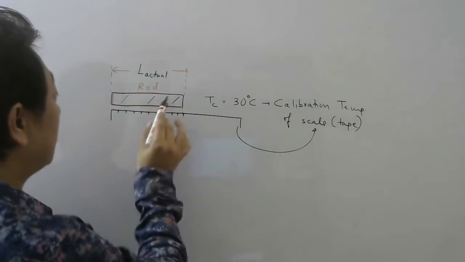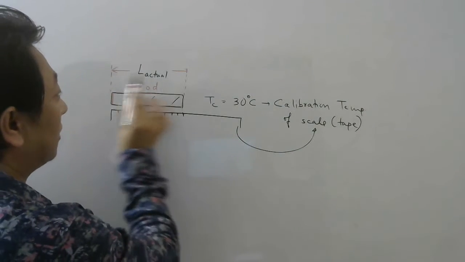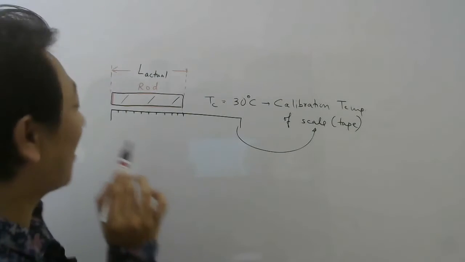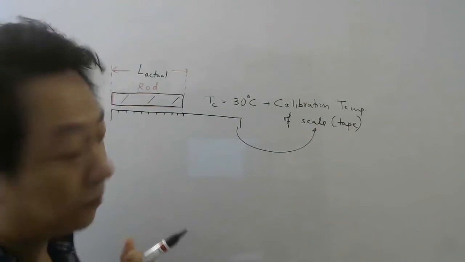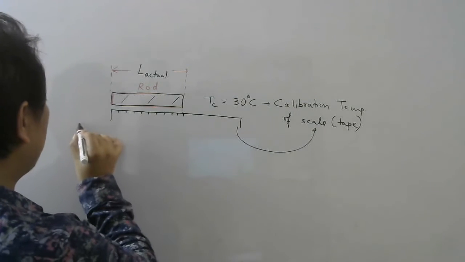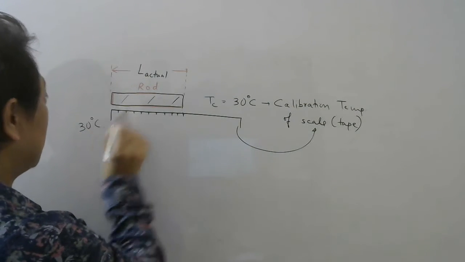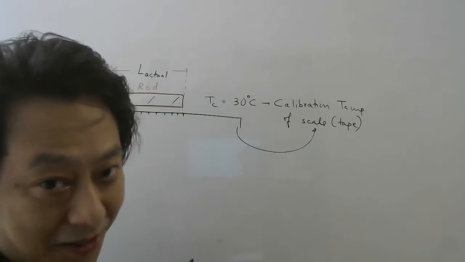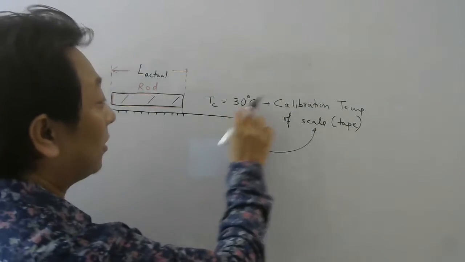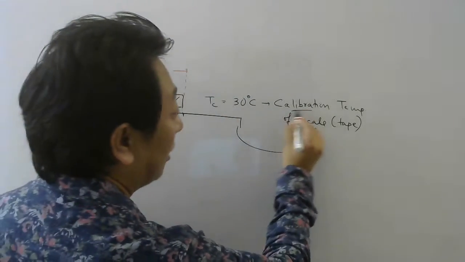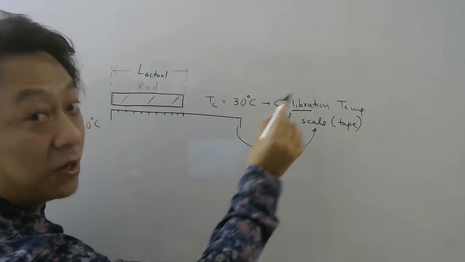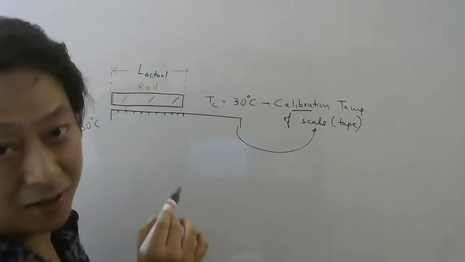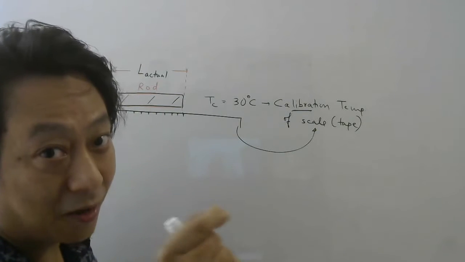So let's say we have this rod whose actual length is this L actual, and we are using this scale to measure the length of the rod. I am assuming right now the temperature of the system is 30 degrees Celsius, and that is also the temperature at which calibration was done, meaning this is also the calibration temperature of the scale, the temperature at which the marking was done.